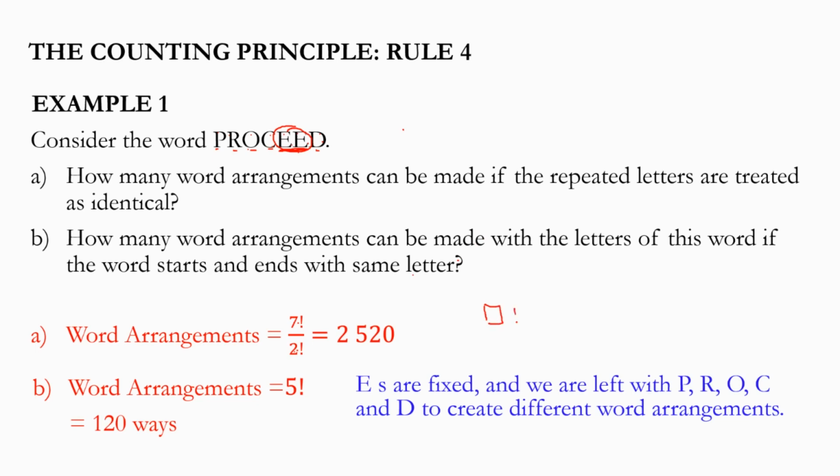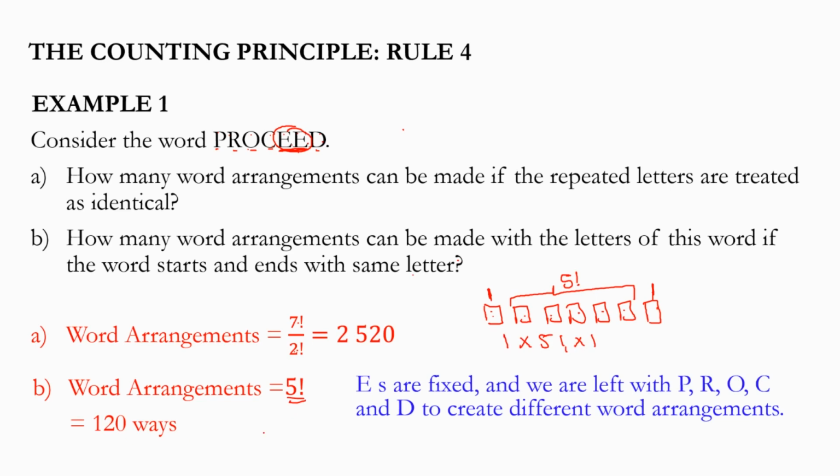The first position is fixed as E, so it's 1 here. The last position must again be E, so it's 1 here. The remaining 5 letters can be arranged in different ways. So it's 1 times 5 factorial times 1, which is just 5 factorial, and we have 120 ways.